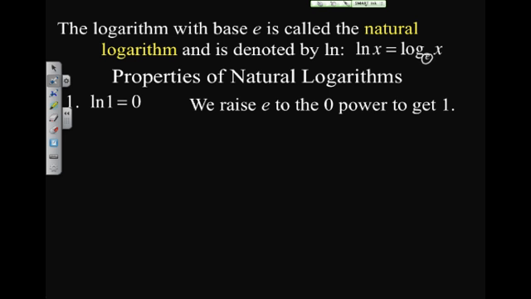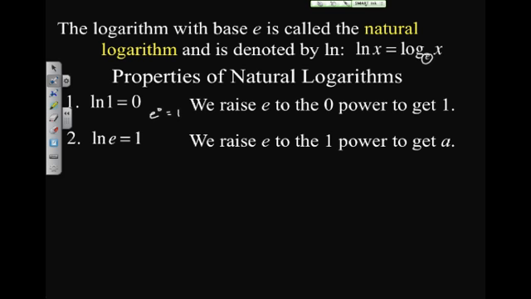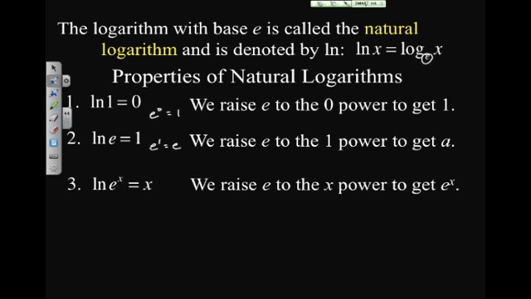Fortunately, the properties are identical for these. Natural log of 1 equals 0 because e to the 0 power equals 1. Natural log of e equals 1 because e to the first power equals e. Natural log of e to the x: again, the question is e to what power equals e to the x?